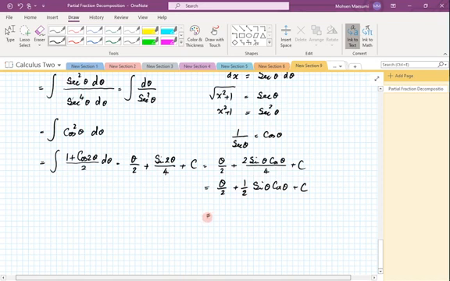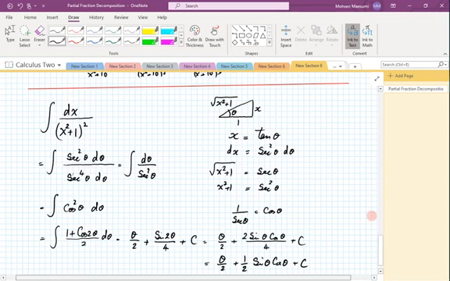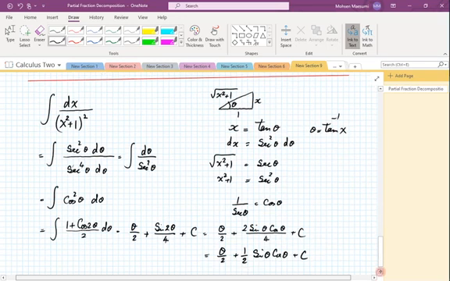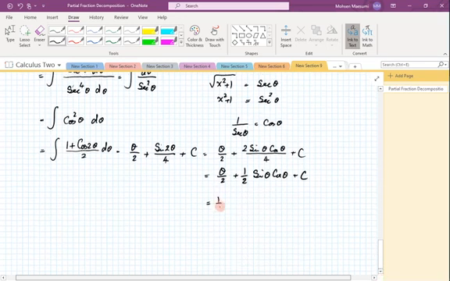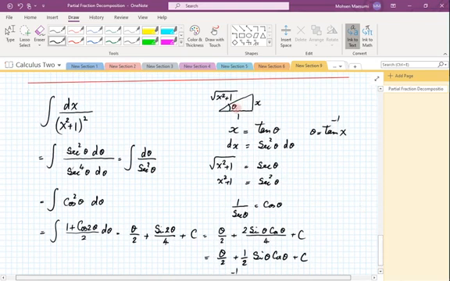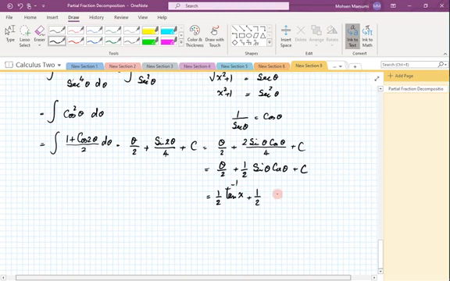Okay, we are ready to finish this job. First of all, what is theta? Theta is, of course, tangent inverse of x. So that's step 1. So we just write this: 1/2 of tan inverse of x plus 1/2 of sine theta cosine theta. Who is sine theta? Sine theta is opposite over hypotenuse, so that's x over radical x squared plus 1.